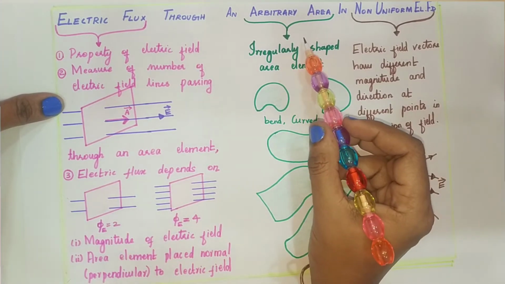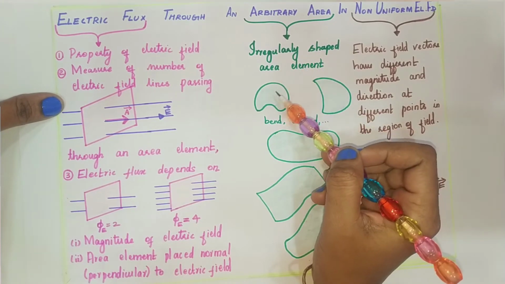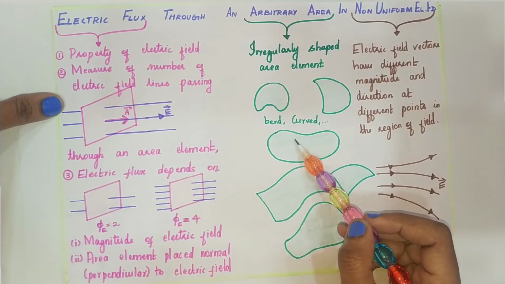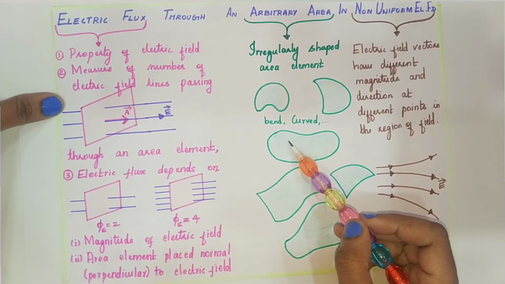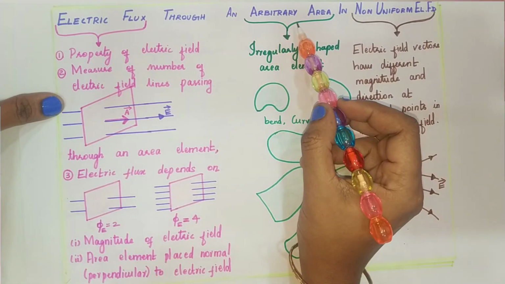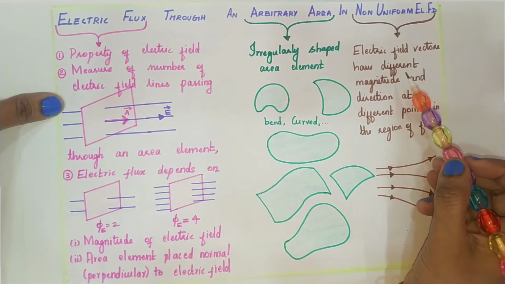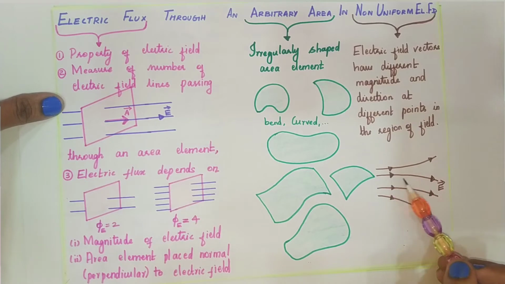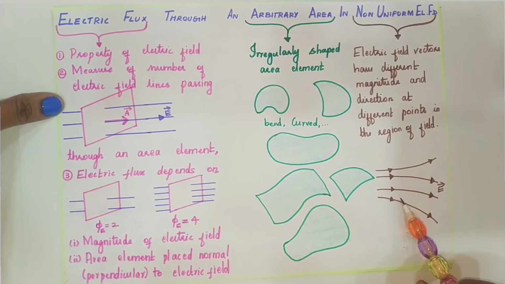And the arbitrary area is an irregularly shaped area element, that is the area element may be bent or curved, that is it's not a flat surface, and we consider it as arbitrary area. And for non-uniform electric field, we know that the electric field vectors have different magnitude and different directions at different points of the region of electric field.